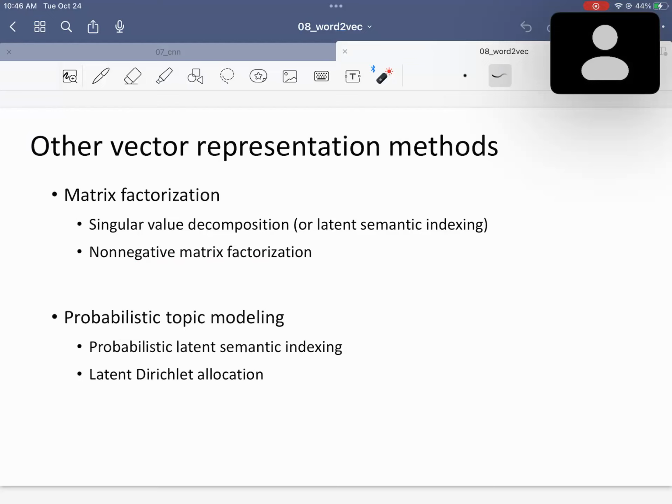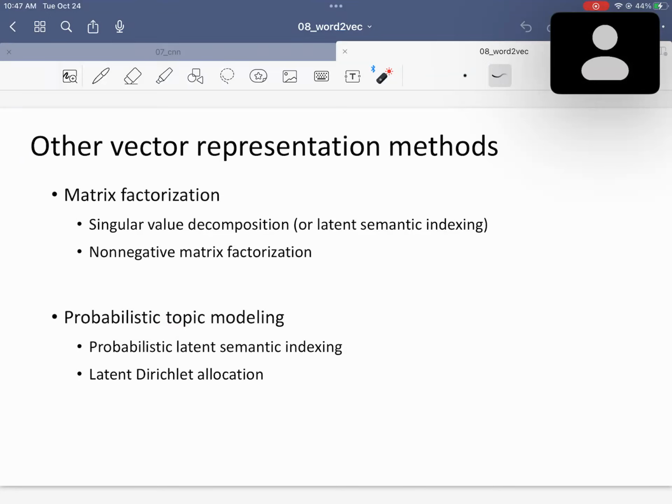There is also probabilistic topic modeling, which was a big thing from the late 2000s to 2015, right before deep learning. Topic modeling was one of the major research areas, especially in NLP or text processing, because you want to find a latent topic.